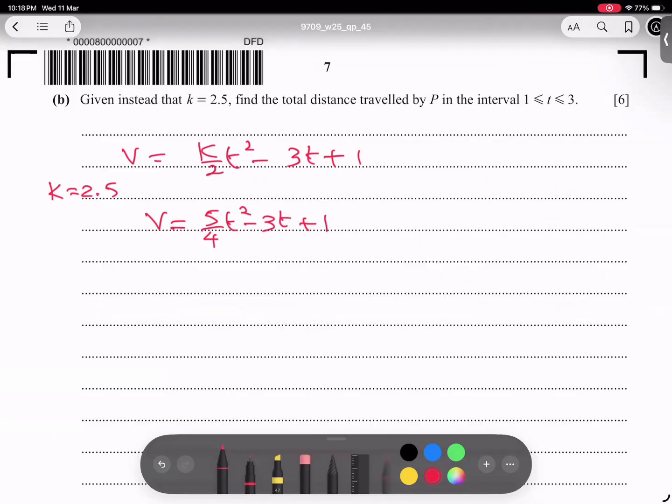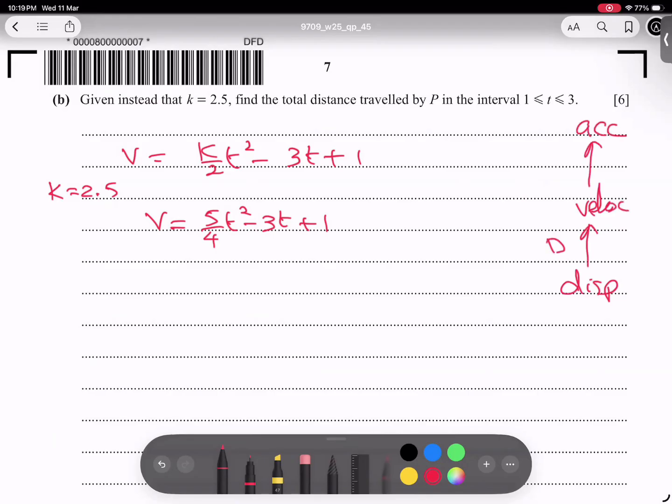Okay, so let's try to do it and check it now. How is it possible to get the answer for this part? For the area part, we have to find out the area. So first of all, I will integrate, because you know displacement is the variable, next level velocity, next level acceleration.